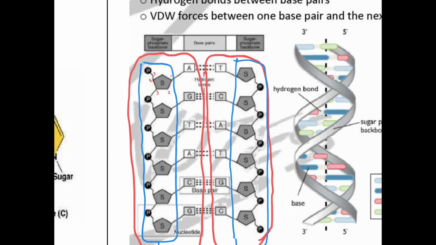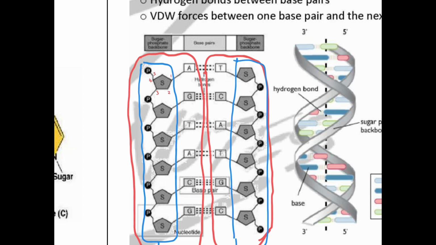Okay, so according to the words that I wrote just now, I said a phosphate group is linked between the carbon atom 3. So that means phosphate, you see this phosphate? This phosphate is linked to carbon atom 3 of 1 pentose sugar and carbon atom 5 of the next pentose sugar.